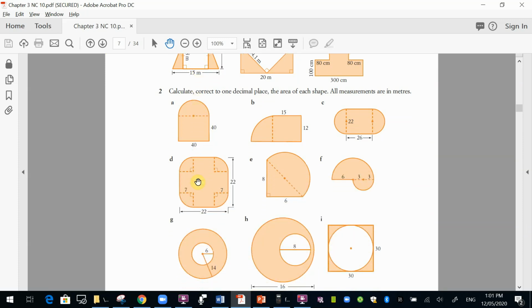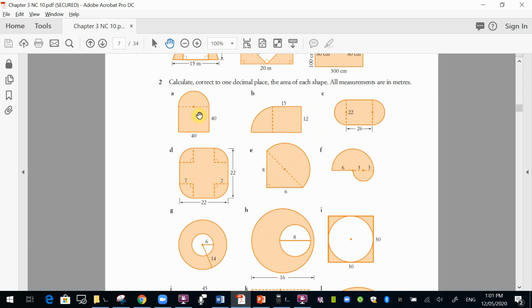Here we have some more. We have a square with a semicircle, rectangle with a quadrant, quarter of a circle. This one here we have 4 corners, each of them made up of a quarter of a circle. And in the middle we have quite a few shapes.